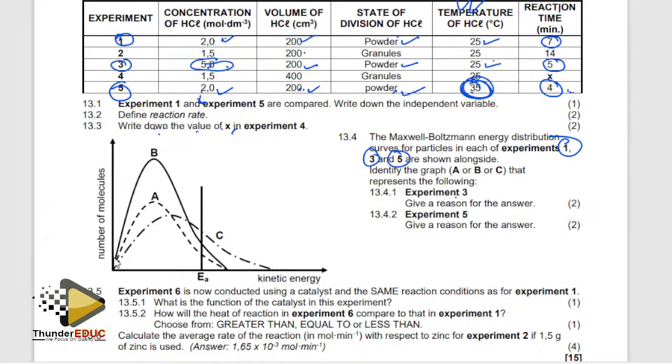So this shows that it has a high concentration. You understand? It has a high concentration. Check. Yes. So this one becomes experiment 3 because of the high concentration here. Is it clear? It has a lot of particles in the reaction, but the number of particles which are reacting to form products are not that many. The reaction is not that fast, you see. So we have got it.